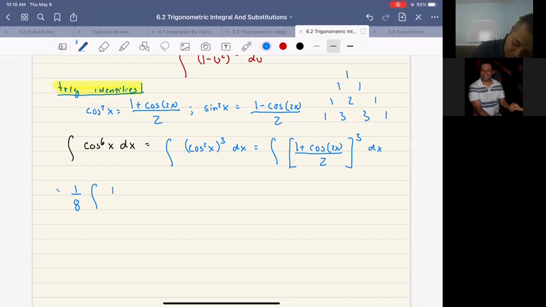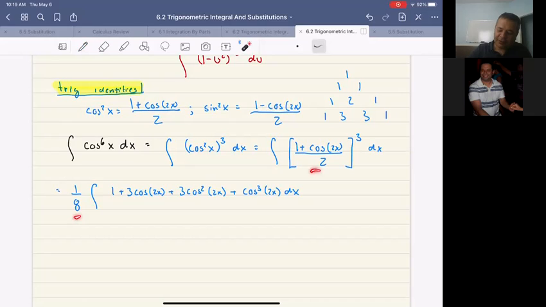That's going to be 1 plus 3 cosine 2x plus 3 cosine squared 2x plus cosine cubed of 2x dx. And the 8 is of course because of the 2 cubed.